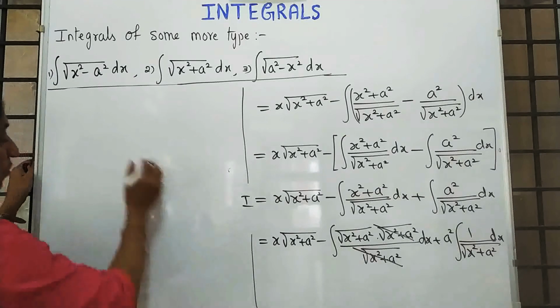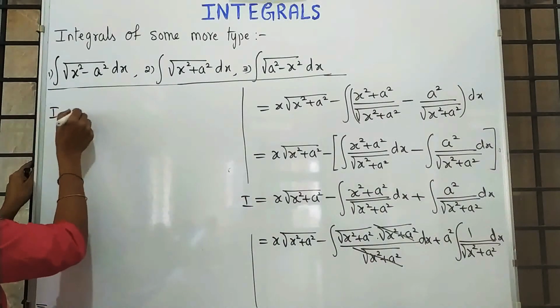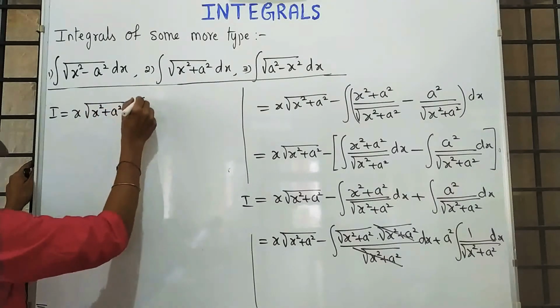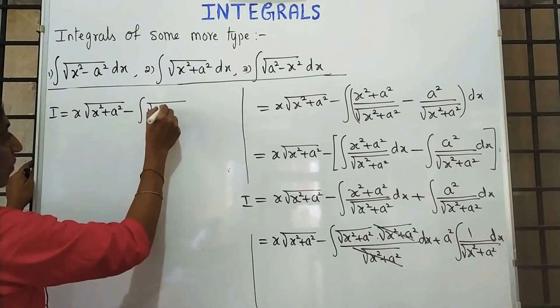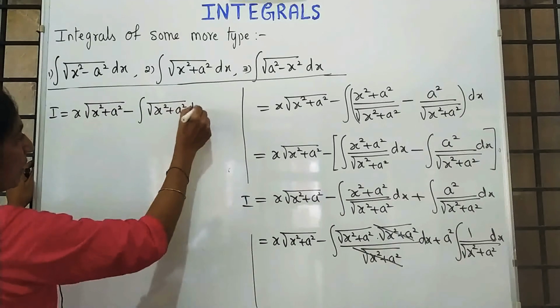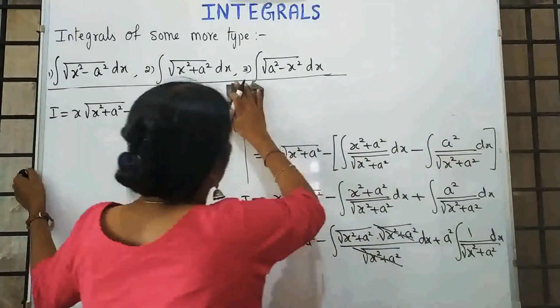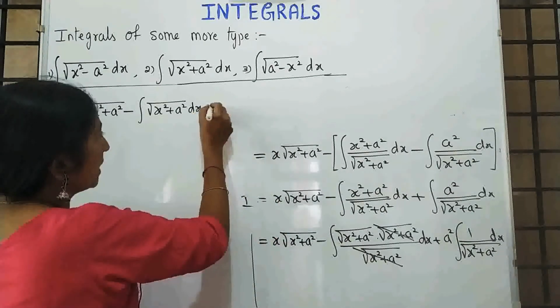I is equal to x into root of x square plus a square minus integration of root of x square plus a square into dx, plus a square is a constant, write it outside.